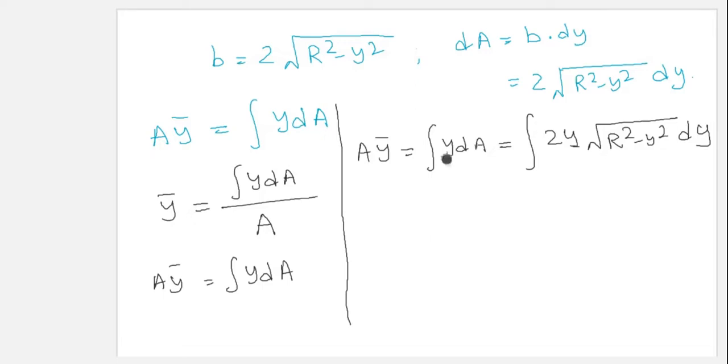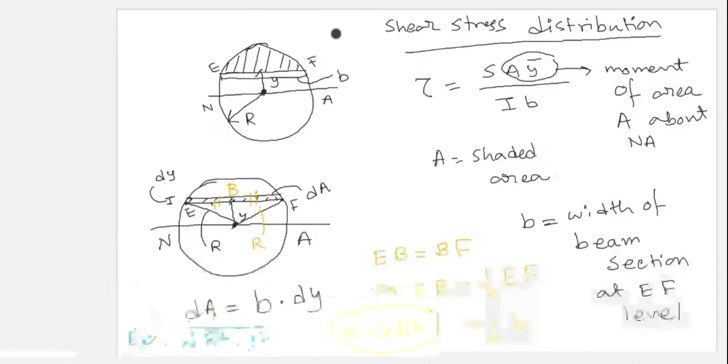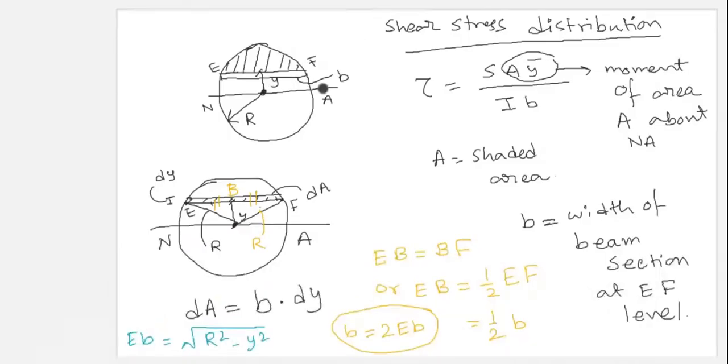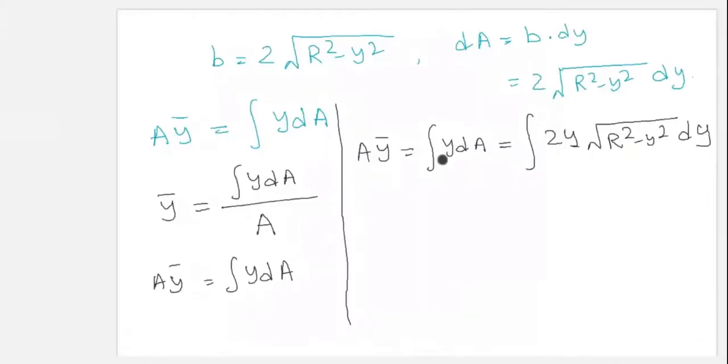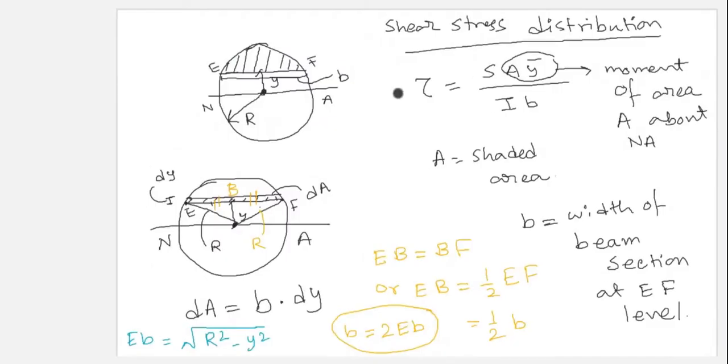Acha, before that, what will be the two values between which this portion will vary? From the figure, what will be the two values, the limits of the integration that we can use for this part? Can anyone tell from the figure?